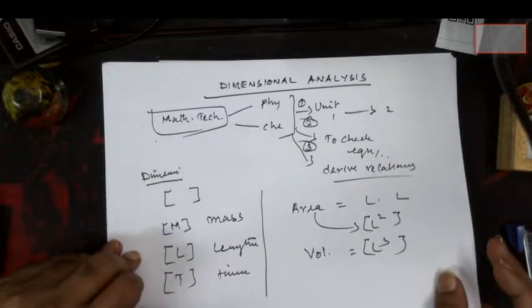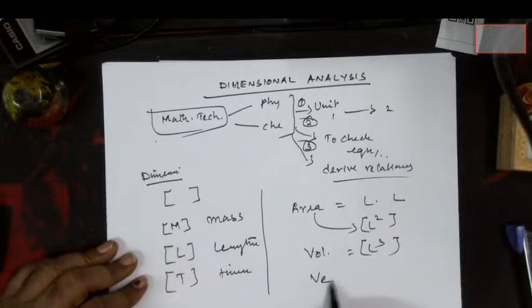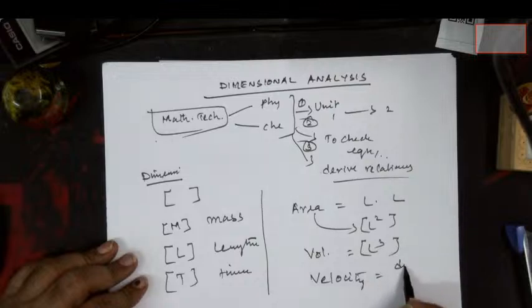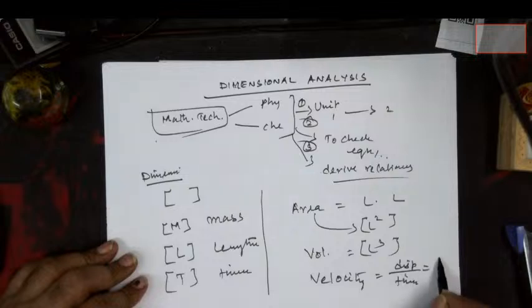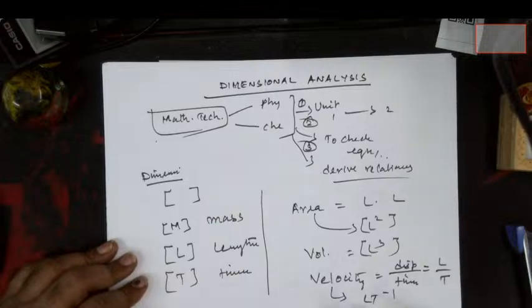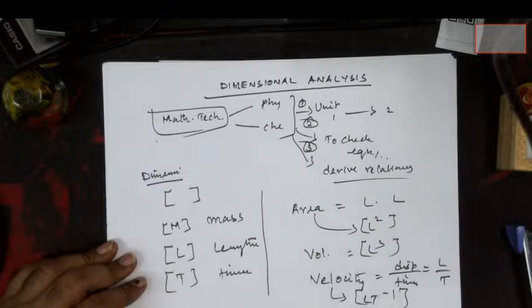And if it is velocity, you know velocity. Velocity is nothing but what? Displacement divided by time. After all, displacement is given in length, divided by time T. So the velocity dimensional formula is LT power minus 1. Okay, and always put it within the bracket.